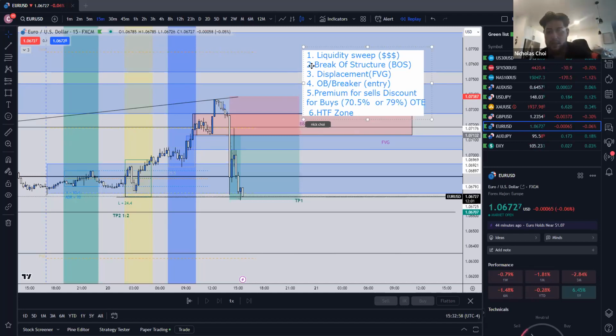I'm gonna screenshot it. This part right here, this little intermediate high, it stops just shy of the higher time frame zone. So this liquidity run past that is a really, really good indication of this being the right direction.